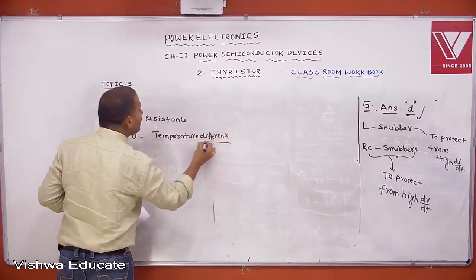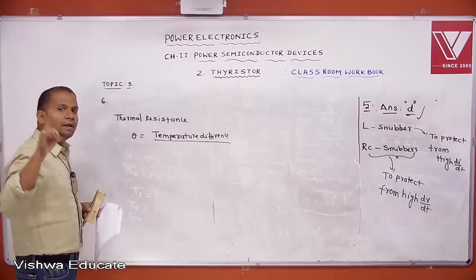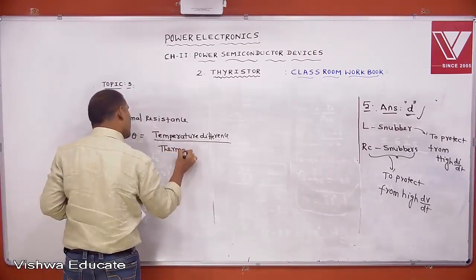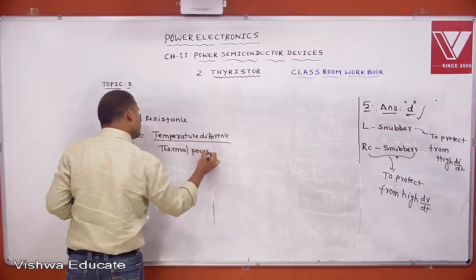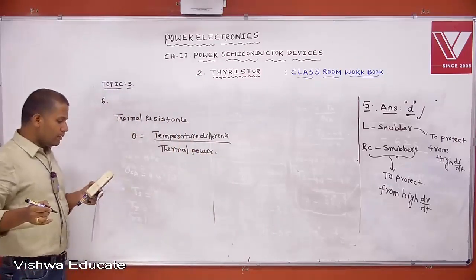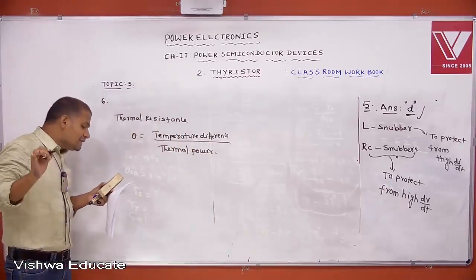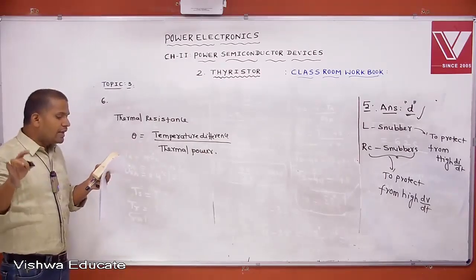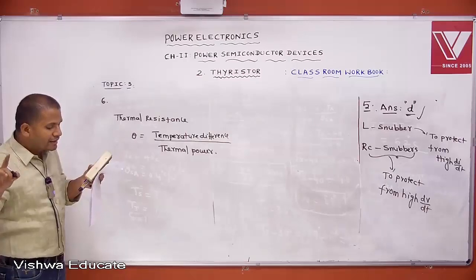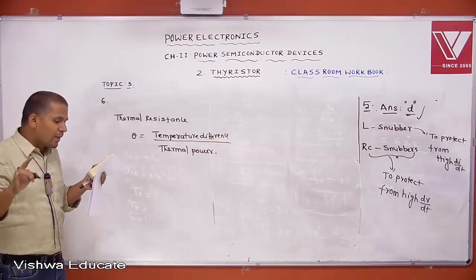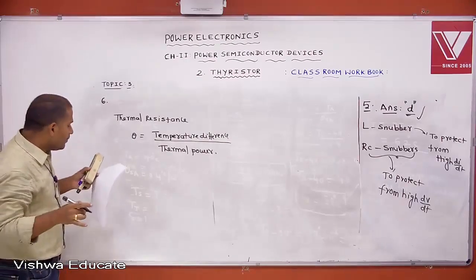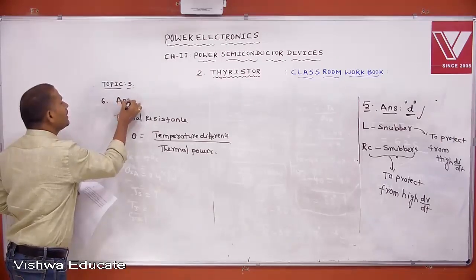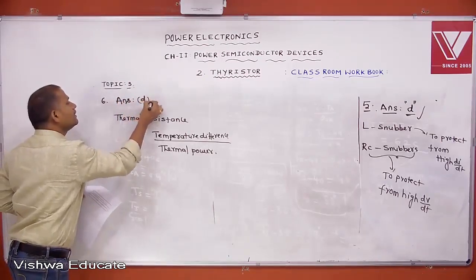In electrical you take current; current is equivalent to thermal power. Therefore, thermal resistance is defined as temperature difference divided by thermal power: temperature difference from body to ambient divided by average power dissipated in the device. So option D is correct.